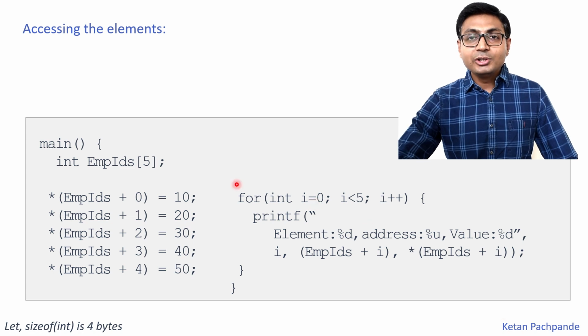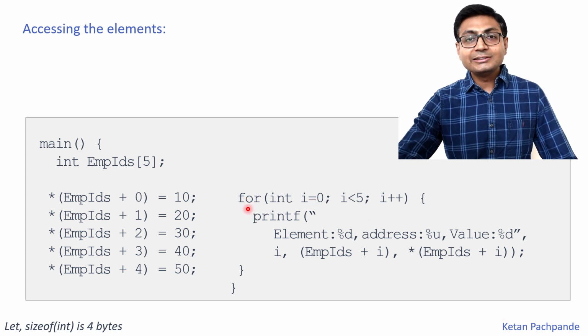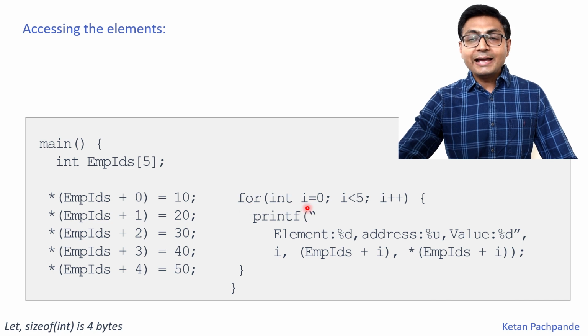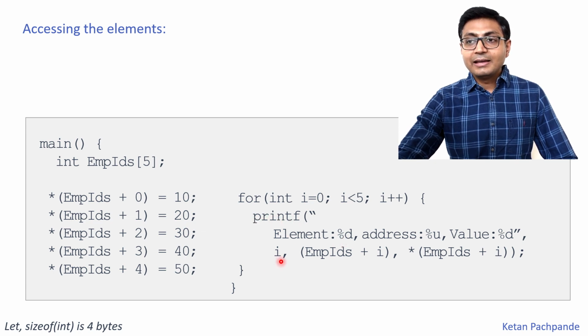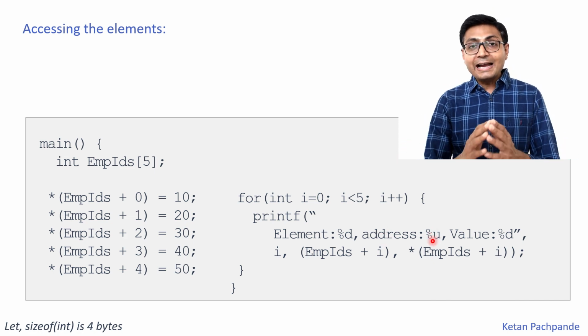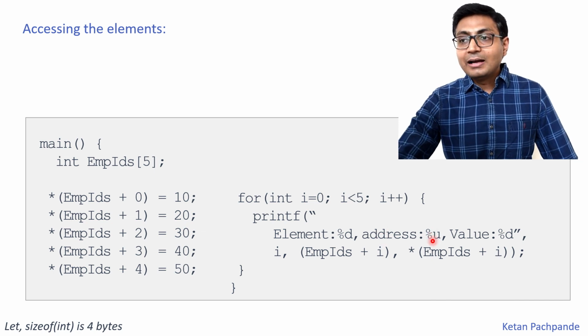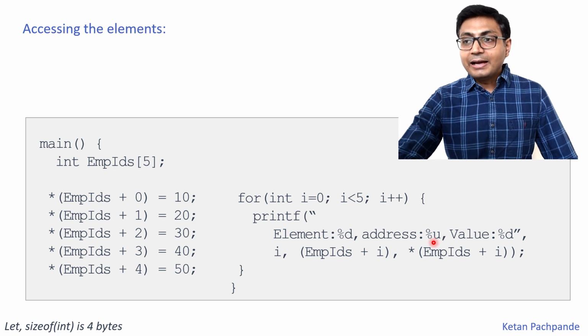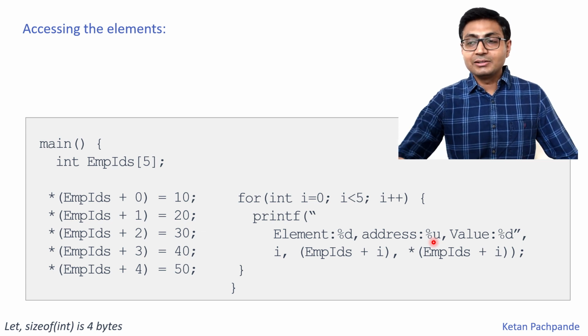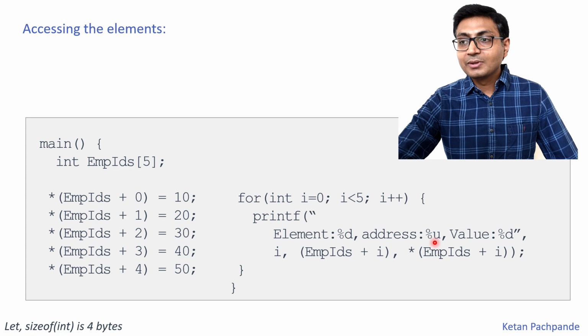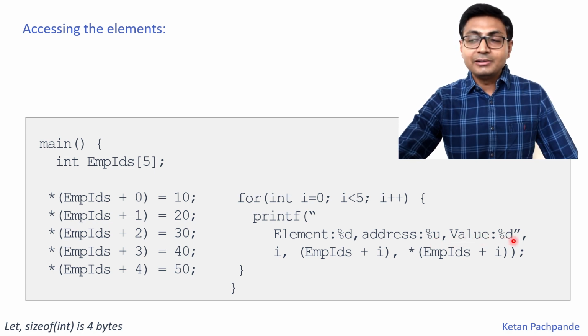As I said earlier also, you can make use of the for loop to access all the elements. So here I have taken i equal to 0 up to 4, less than 5, and i++. I have written the printf statement, element number %d, and address. I have also printed the address of every element here. I can print the address with the help of %p or %u also. %u is unsigned integer, so I'll just print the decimal value of the address and the actual value of the element.